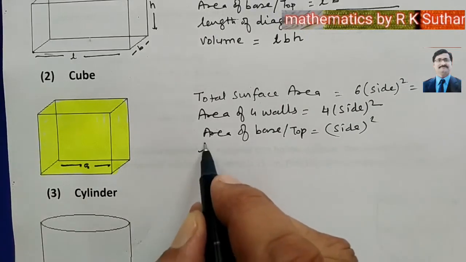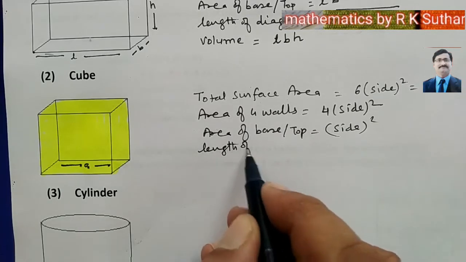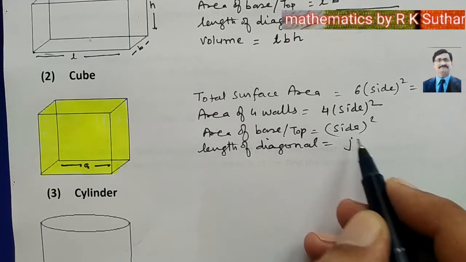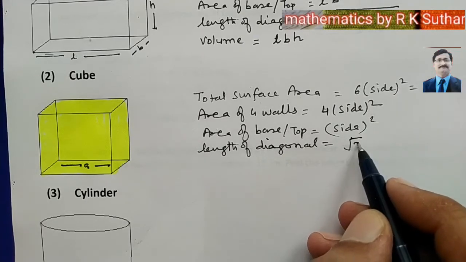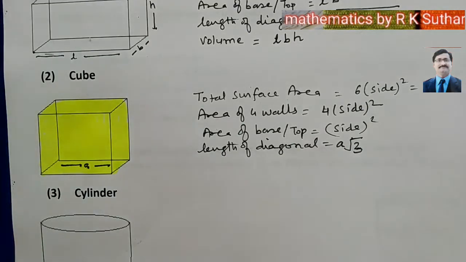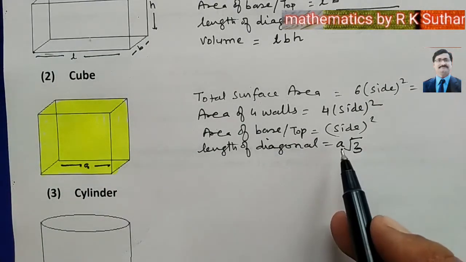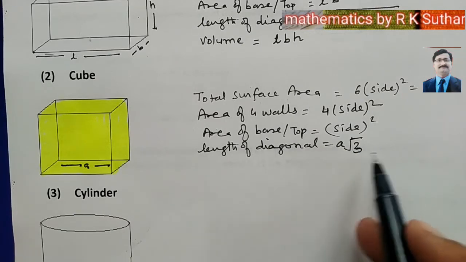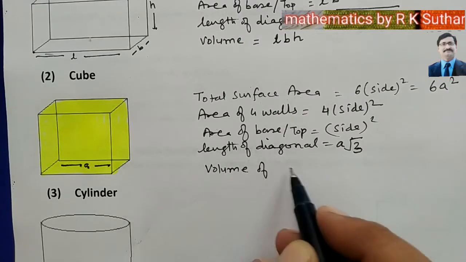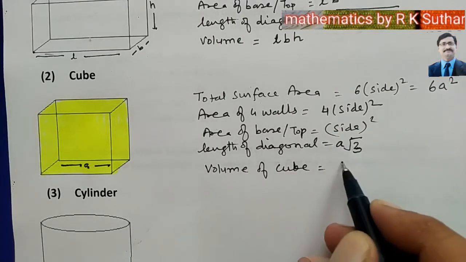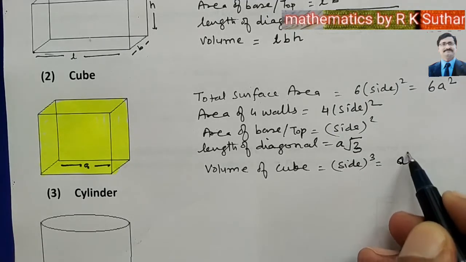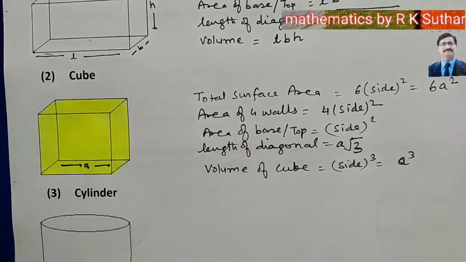And here the length of diagonal is equal to root 2 a for a face diagonal, and the length of diagonal of the cube is equal to a root 3. Okay, this will be the length of diagonal. Now volume of cube is equal to side cube, or we can say a cube. Okay, you can write that here.